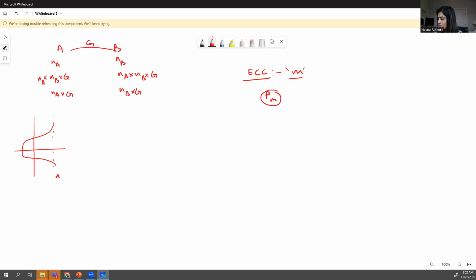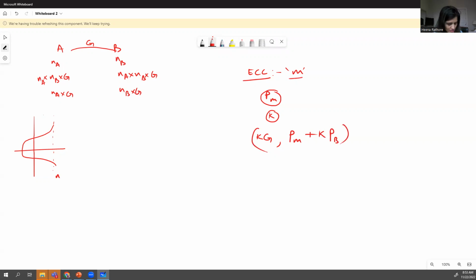For encryption, what you do is you choose a random positive integer K. And the ciphertext is K times G, because G is common. So that is the first one. And the second one is PM, which is the message point, plus K times PB, which is the public key.